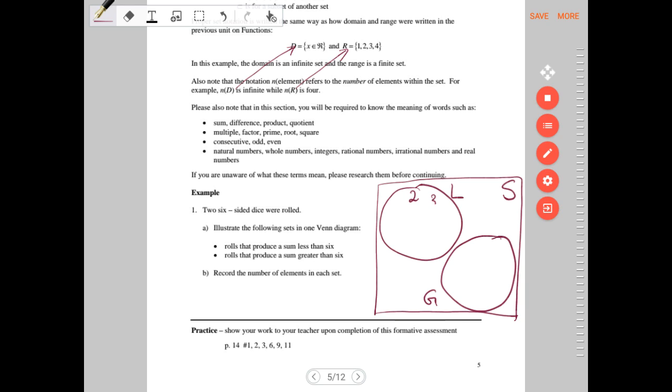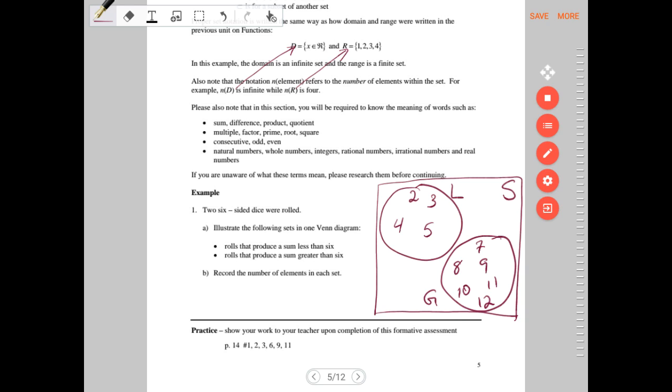We could have a sum of 3 by adding 2 and 1, a sum of 4 by adding 2 and 2, or 1 and 3, and a sum of 5 by adding 2 and 3. If we have a sum that's greater than 6, we could have 7, 8, 9, 10, 11, and of course each die has a maximum of 6, so 6 plus 6 is 12. That's our largest sum.